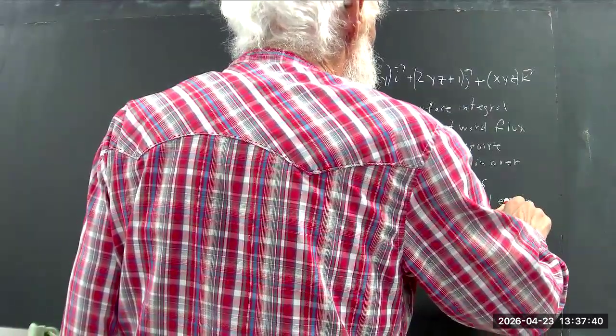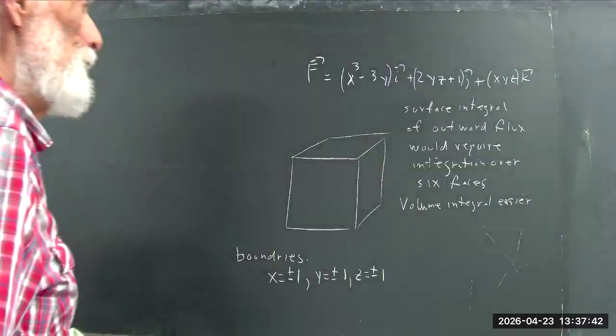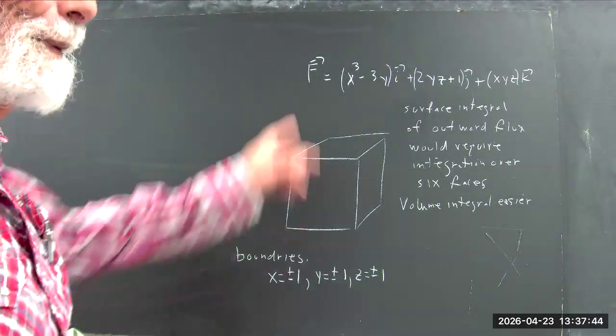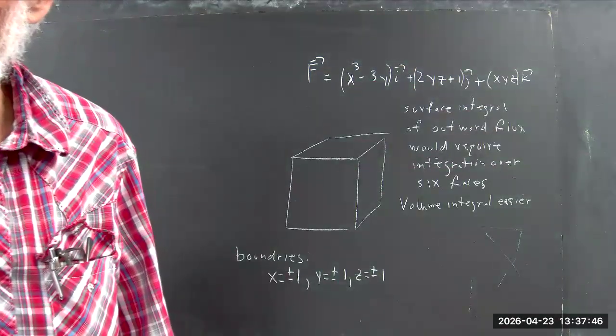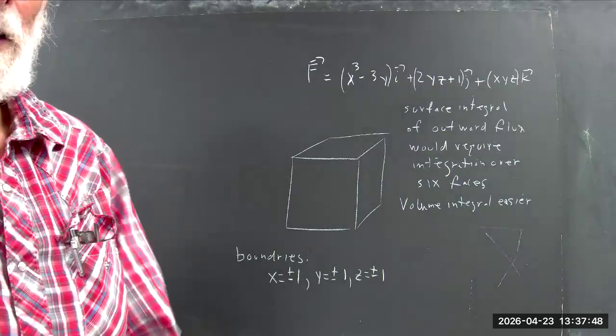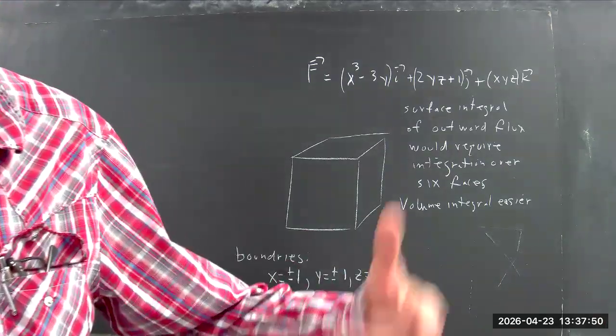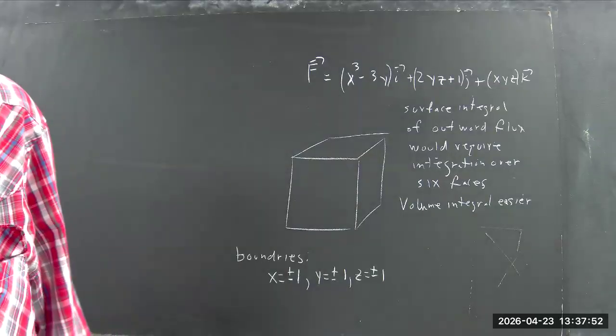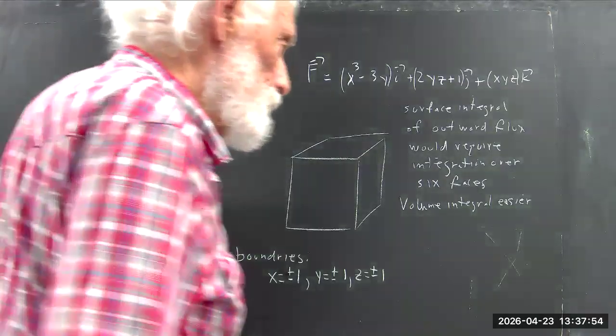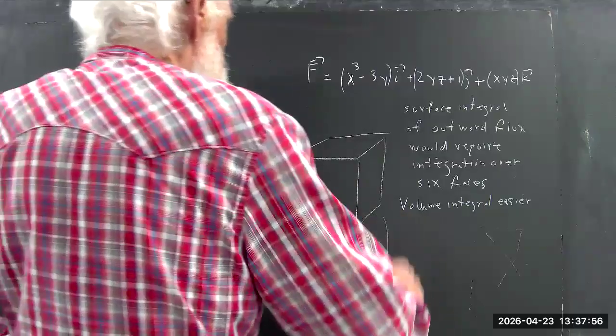I hesitate to say easy, I'd say easier, but I think it's going to be easy because everything you've got here is just x's, y's, and z's, no powers. You might get some powers when you integrate. We'll see.